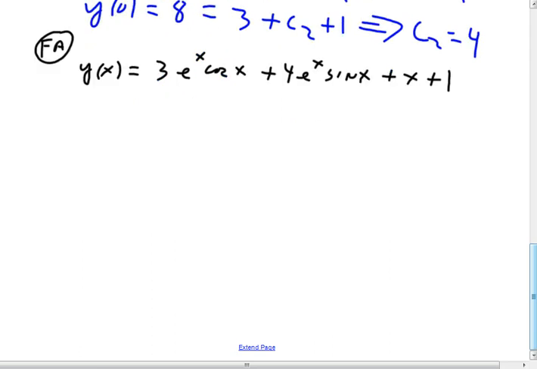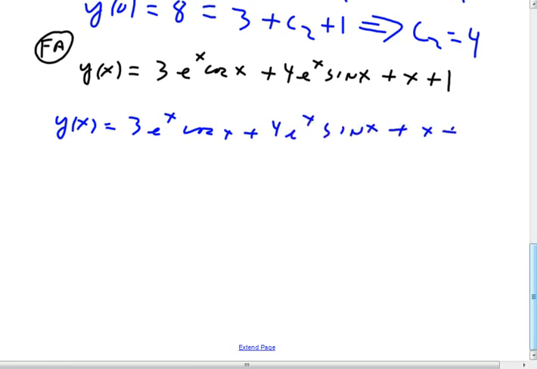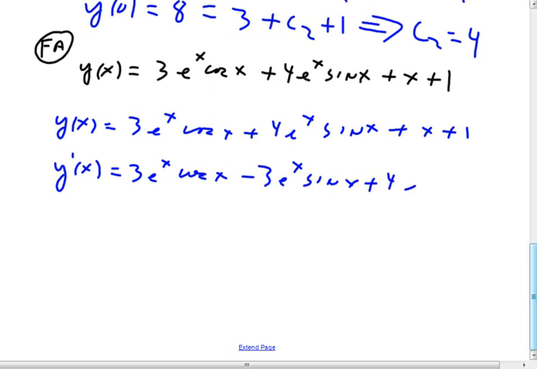Plenty of time to check my work. Well, maybe we do, I don't know. So I'll write it down again: y equals 3 e to the x cosine, 4 e to the x sine, plus x plus 1. y prime is 3 e to the x cosine, minus 3 e to the x sine, plus 4 e to the x sine, plus 4 e to the x cosine, plus 1.